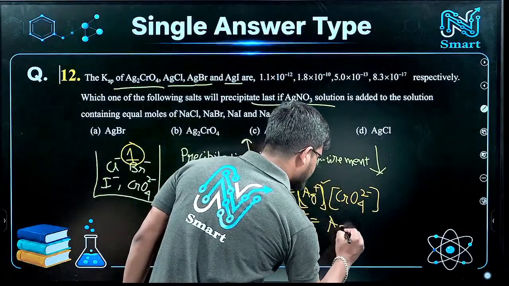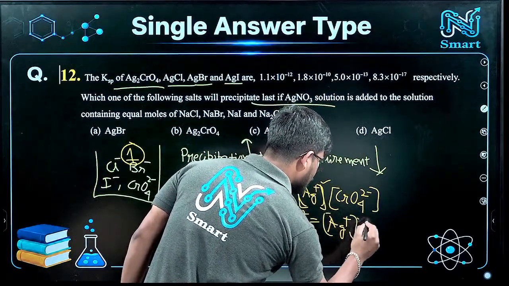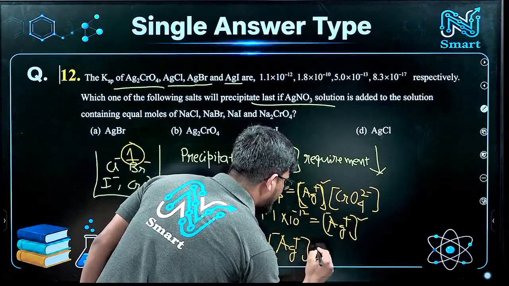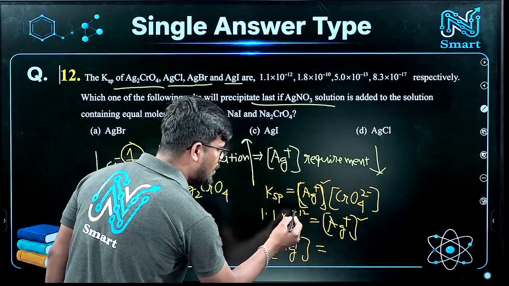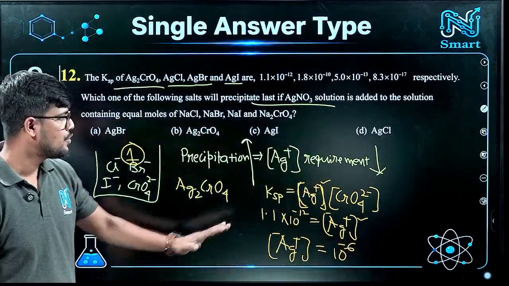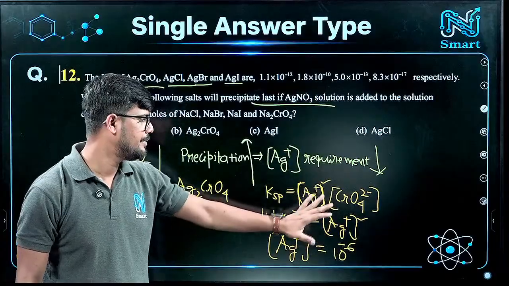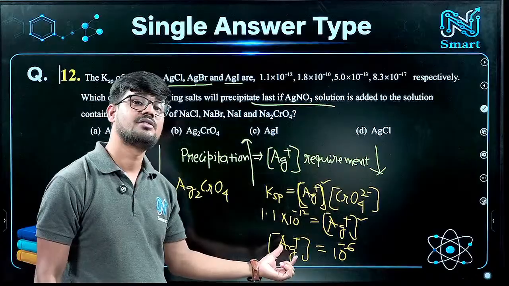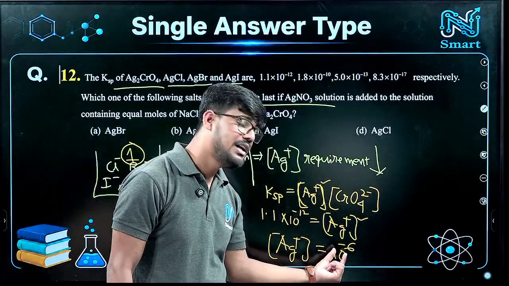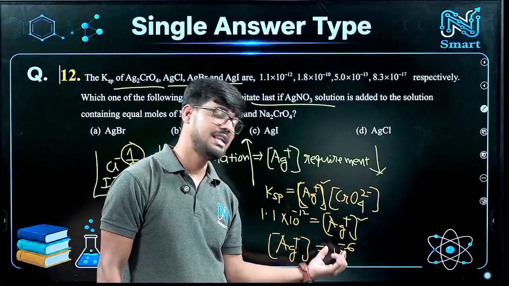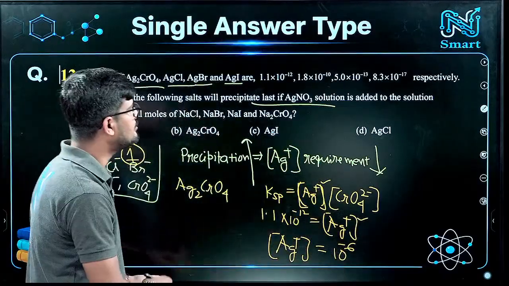So the Ag plus concentration requirement will be almost, see the power 10 to the minus 12, so here it will be 10 to the minus 6, correct? So for silver chromate precipitation, it needs silver ion concentration on the order of 10 to the minus 6. That range you have to give.